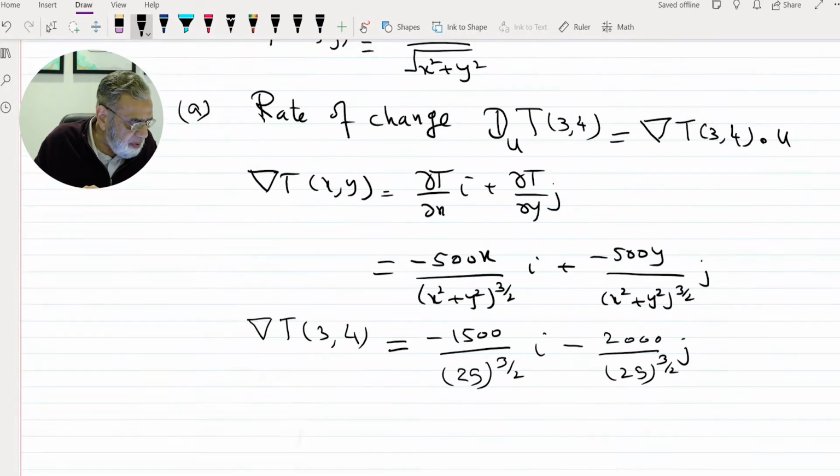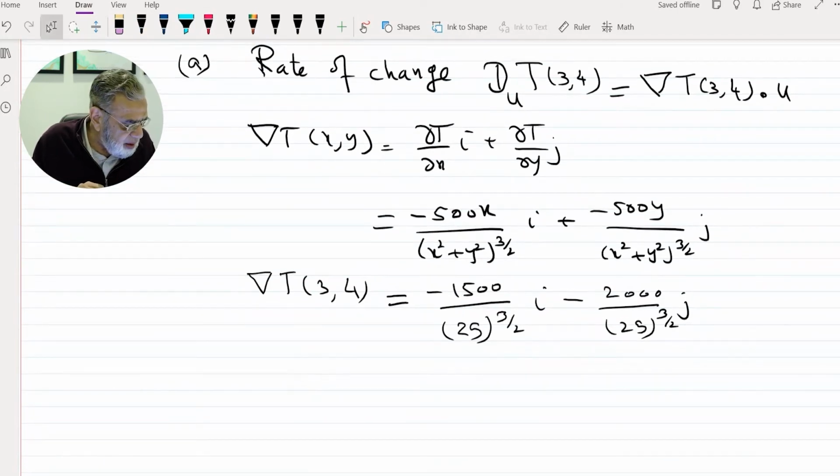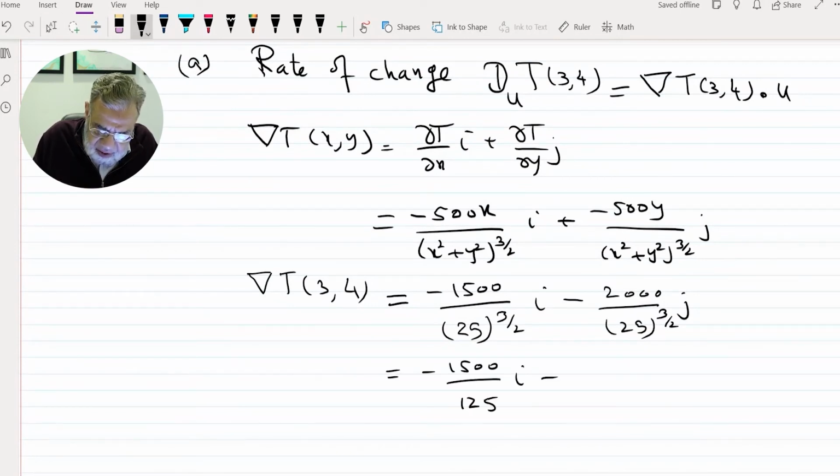I simplify this one, and the result is minus 1500 over 125 i minus 2000 over 125 j, because we have the root, so 5 to the power 3 is 125.